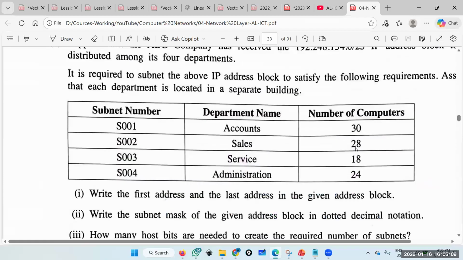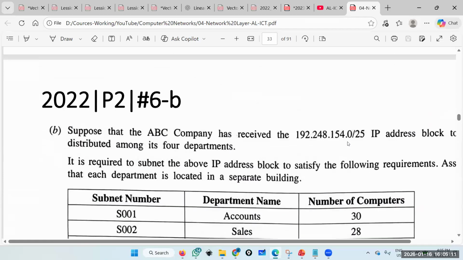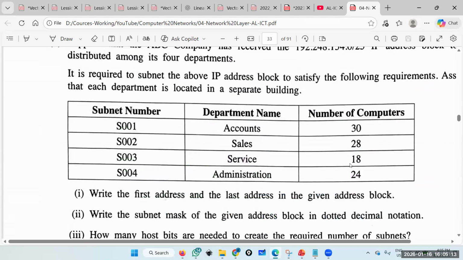Right. So this is a variable size subnetting question. You can see that.